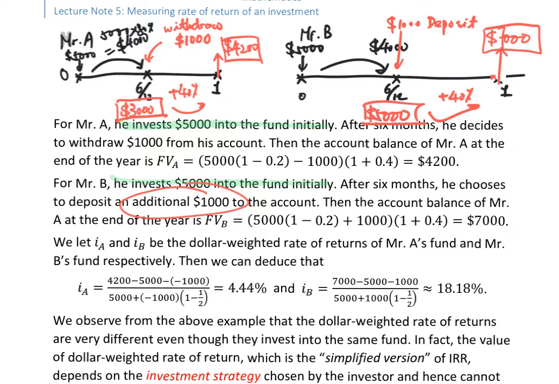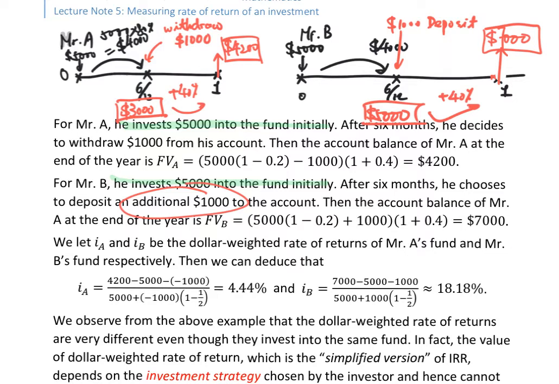So we have two investors investing in the same fund, but using different strategies. What I want to do is measure the dollar weighted rate of return of each investment, and see whether the rates of return we obtain are the same or different.